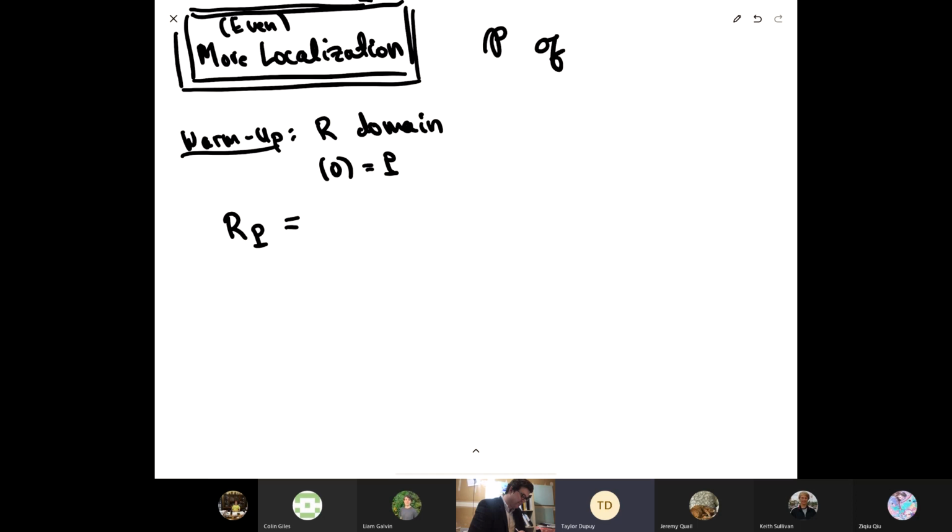So this is S_P inverse of R, right? And what's S_P? S_P is R set minus P. So that's a multiplicatively closed set. This is R minus 0, so this is only the 0 element.